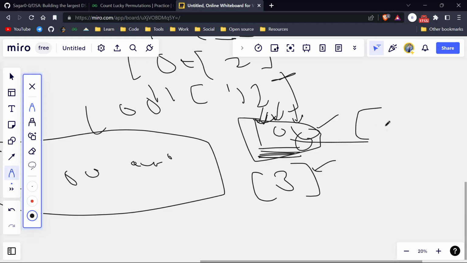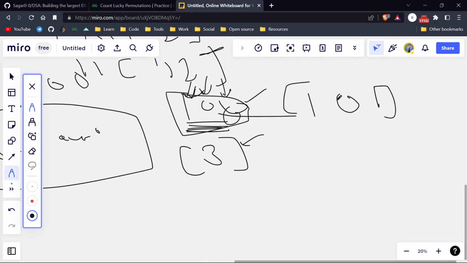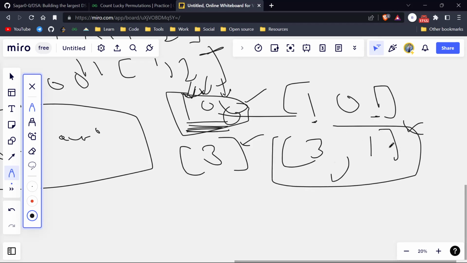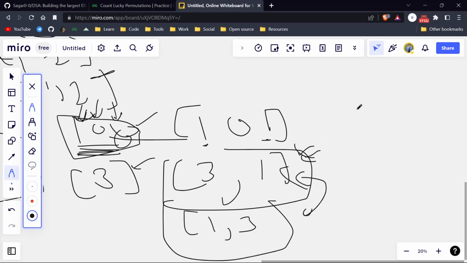So 5 means 1 0 1. So this is the value of our bit mask, but that means that this is our third bit. So 3 is visited, and this is our first bit. So 1 is also contained in this permutation. So it can be 1 3, it can also be 3 1. So there are a total of two numbers, okay, that have 1 and 3, and the number of permutations that contain, so let me just clear this thing.